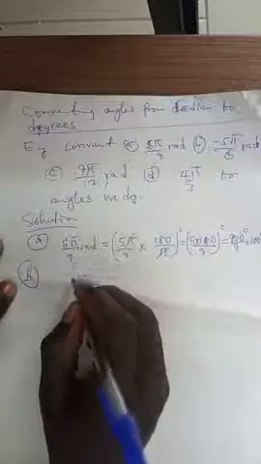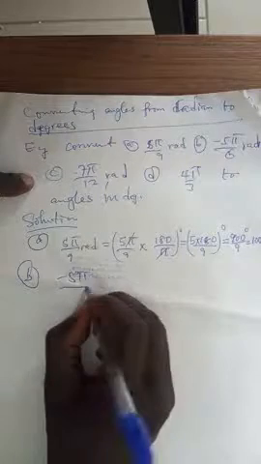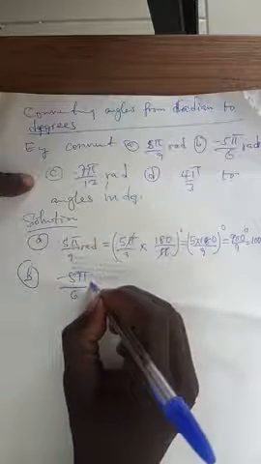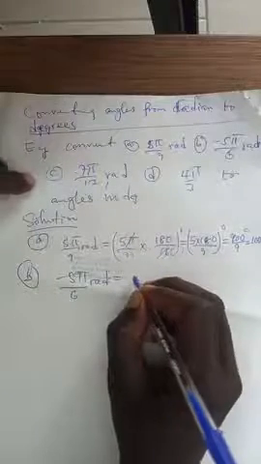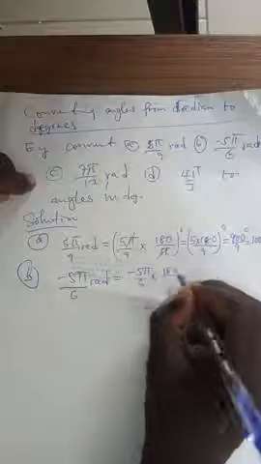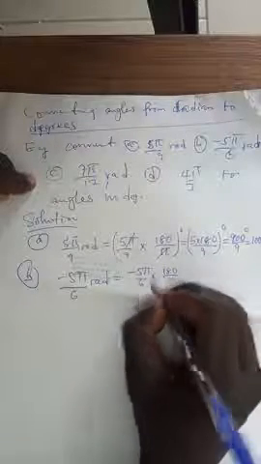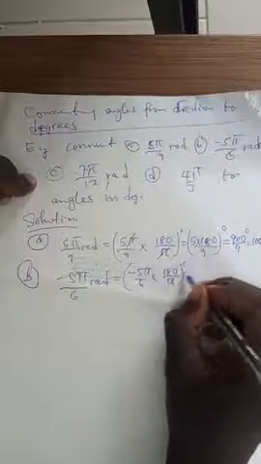The B part is saying we should convert minus 5 pi over 6 in radian to an angle in degree. So we simply multiply minus 5 pi over 6 times 180 over pi. Pi simply goes with pi. All we have, this answer is going to be in degree.